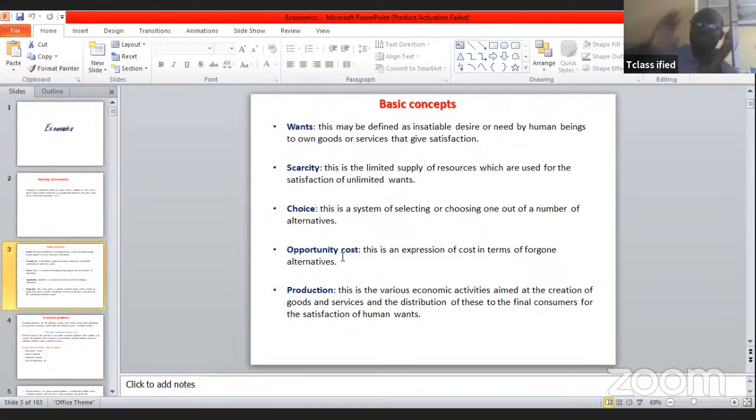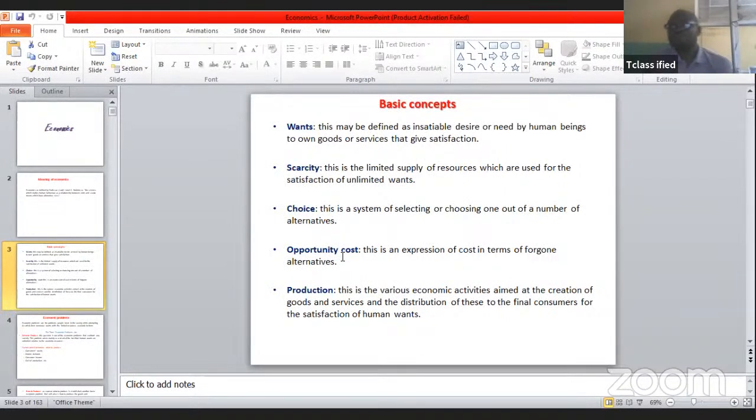What are you going to choose over the other? First of all, you need a book and a pen, because those are the most important wants as a student. You need to get those first before you start talking about a calculator or a new shoe. So you have to select the ones that are more important.